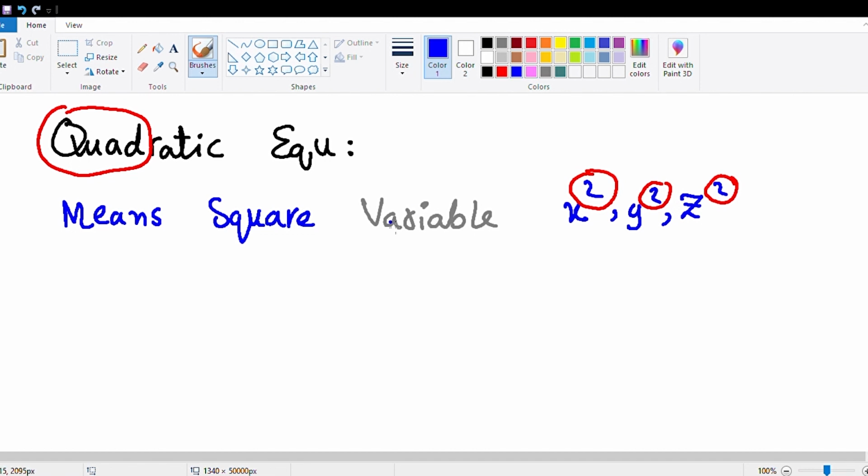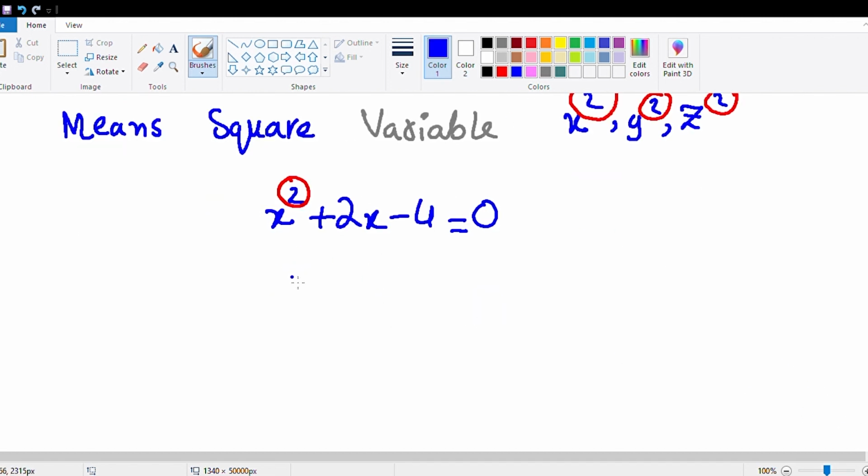So let me write a few examples of quadratic equations. You have something like x squared plus 2x minus 4 equals 0. This is a quadratic equation. Why? Because there's x squared over here. We have, say, 3x squared minus 7x plus 5 equals 0.